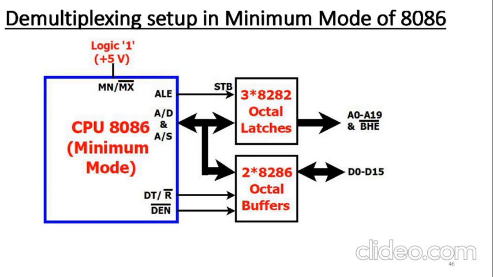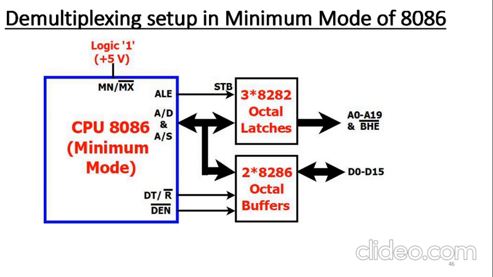The DT/R bar signal is connected to the transmit pin of the buffer, so that it defines the direction of data transfer through that octal buffer. And the DEN bar signal is connected to OE bar, that is, to enable that set of buffers during the data transfer operation. So this is a typical setup of demultiplexing in the minimum mode operation of the 8086 processor.